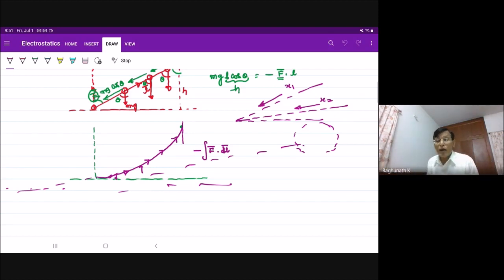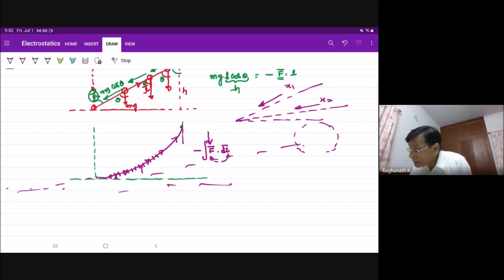Now, either F is changing from point to point, that's the non-uniform field case, or the angle between F and dL are changing from point to point. In both cases, we cannot just take the dot product and say this is the potential. I have to divide it into so many small parts.